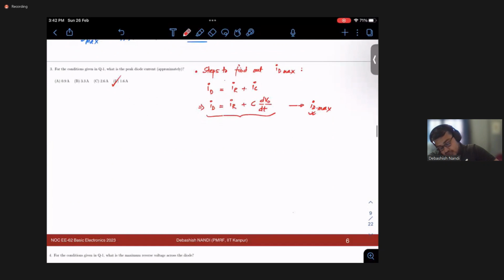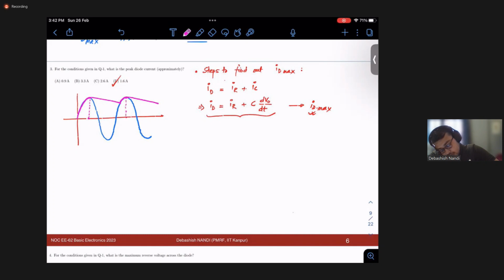You just need to consider this is your input voltage, this is your output voltage.